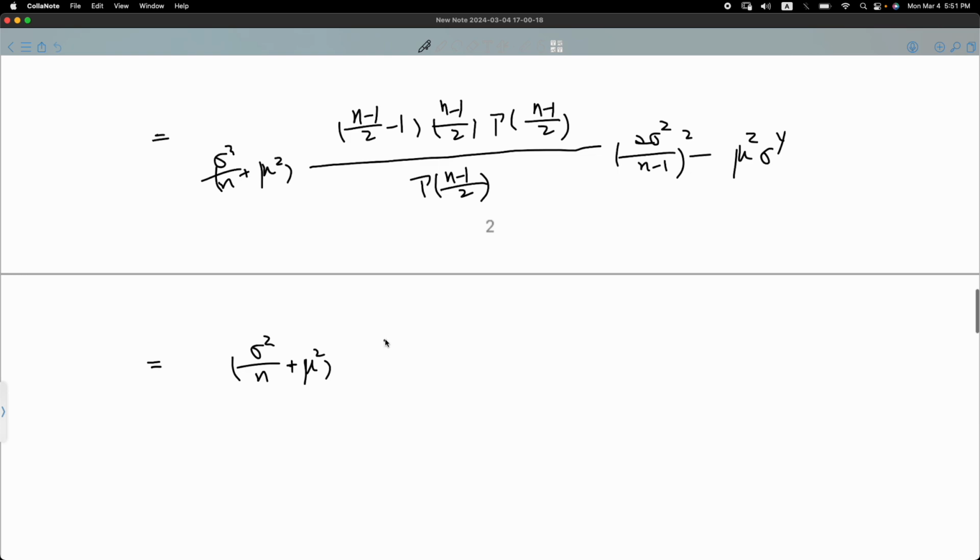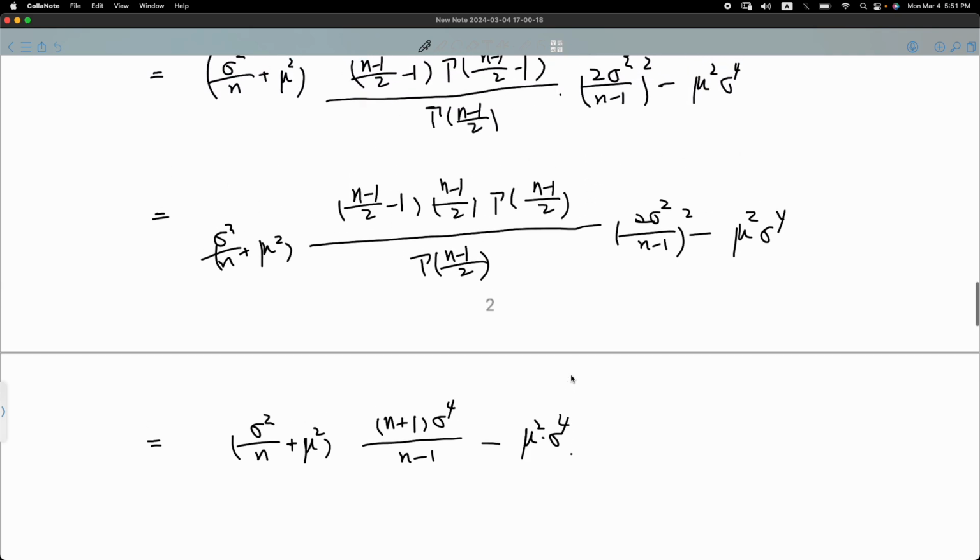And then n plus 1 raised to the power of sigma 4 over n minus 1, minus mu squared sigma to the power 4.